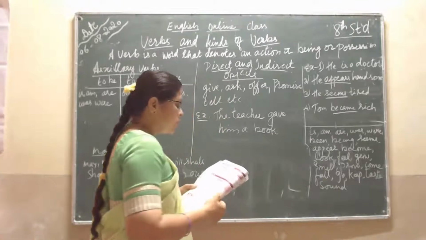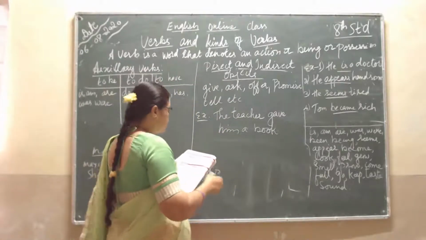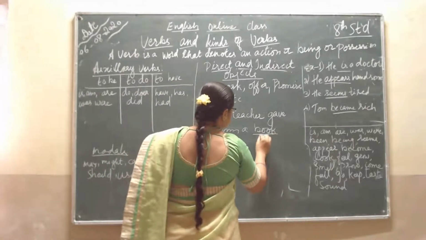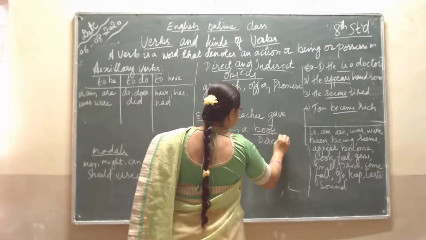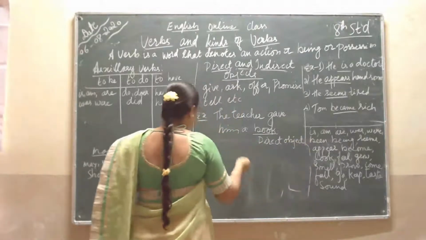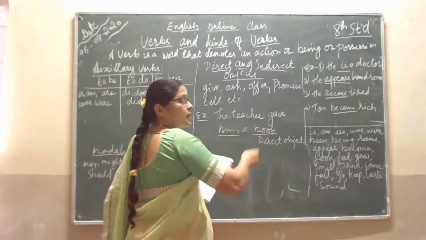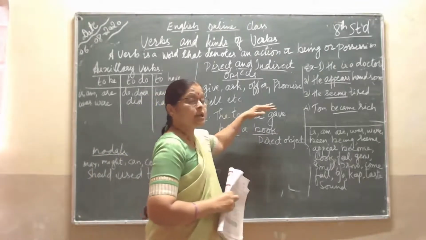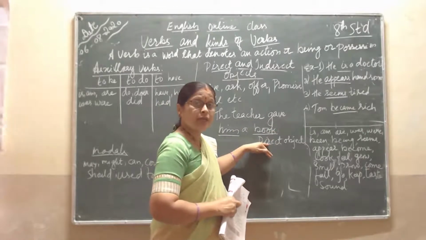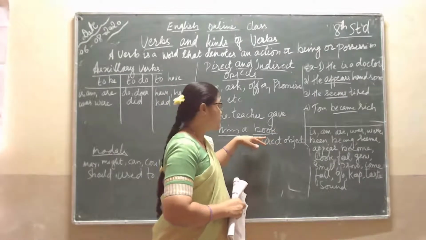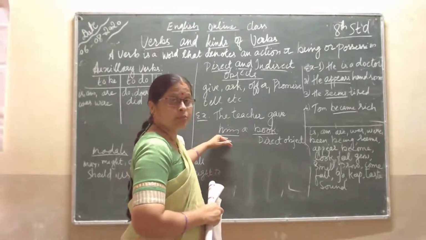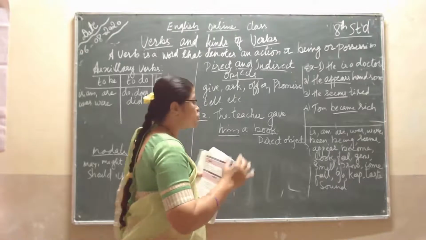Here the book is the direct object. The teacher gave what? The teacher gave a book. This is the answer we get when we frame the question using "what". So book is the direct object. To whom has it been given? It has been given to him. Him is an indirect object.